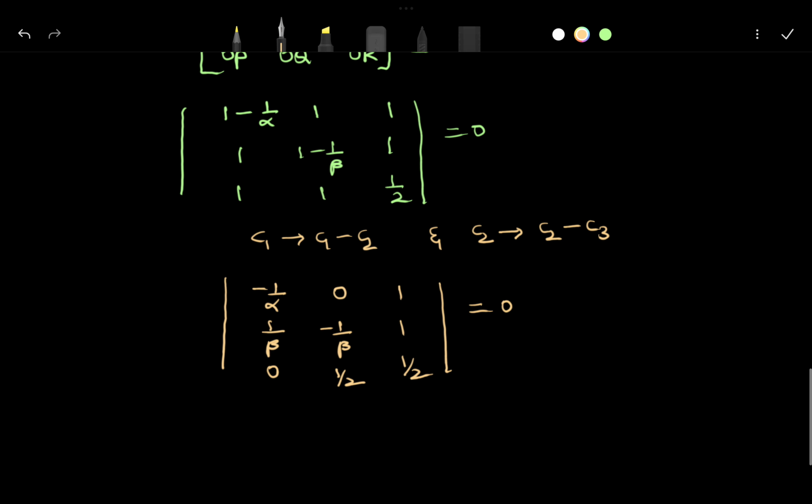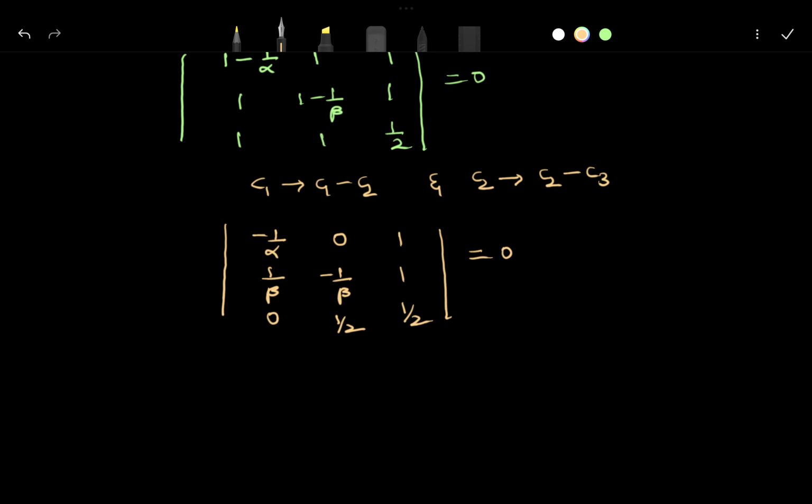And next you see in the third row, we can take 1 by 2 as the common. In third row, 1 by 2 you can take as the common.